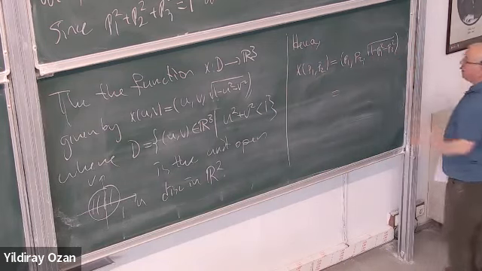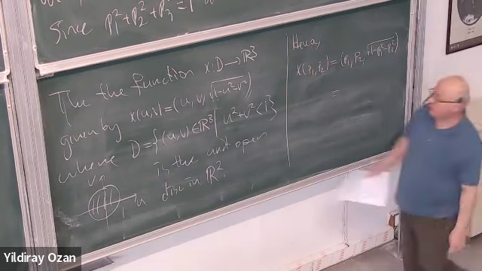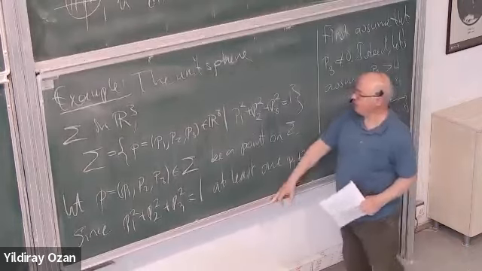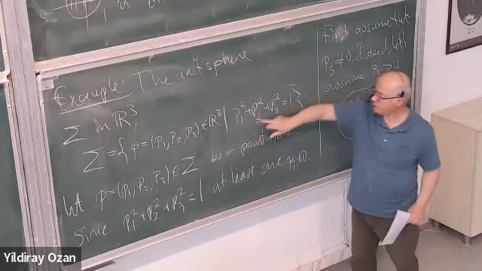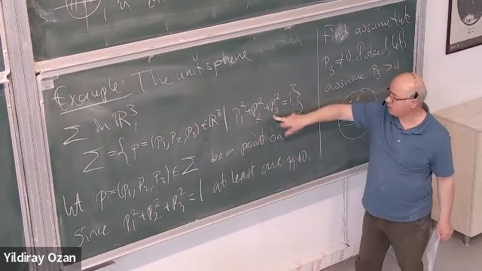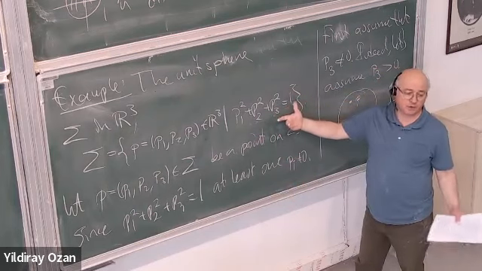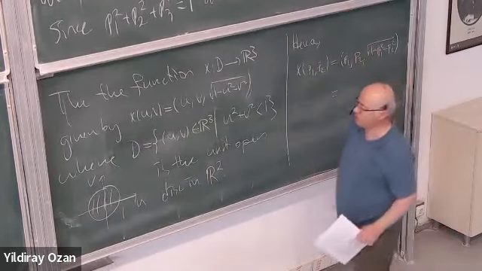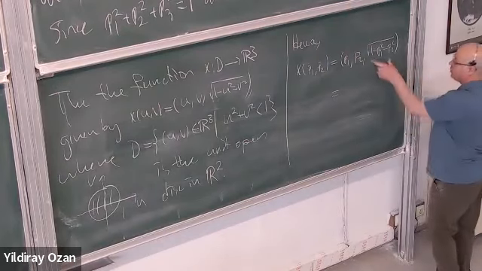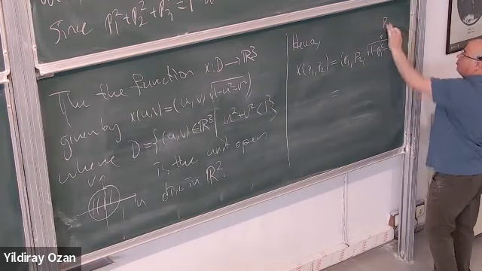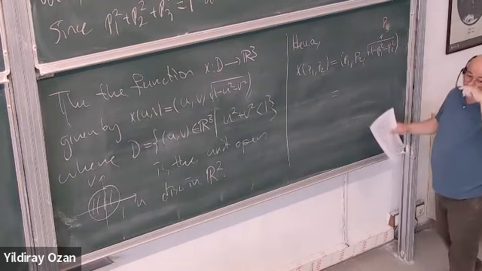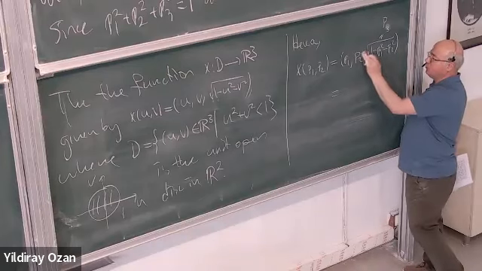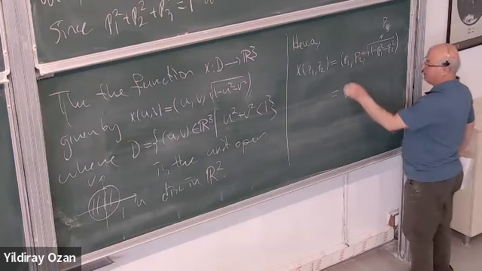But from the definition of the sphere, 1 minus P1 squared minus P2 squared is just P3 squared. Its square root is plus or minus P3. Since we assume that P3 is positive, this is just P3. Otherwise, I would have to take the negative one.